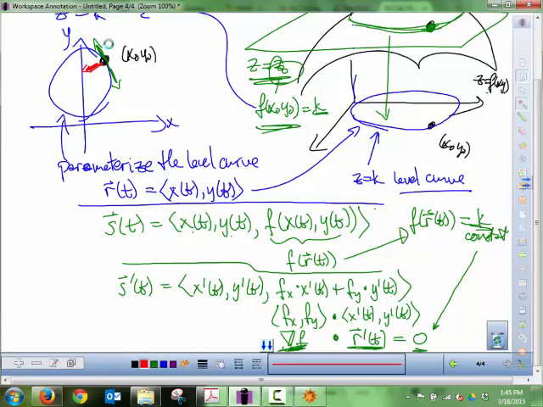Okay? So that turns out to be a really, really big property for the gradient. Normal to the level curve. So let's write that down.